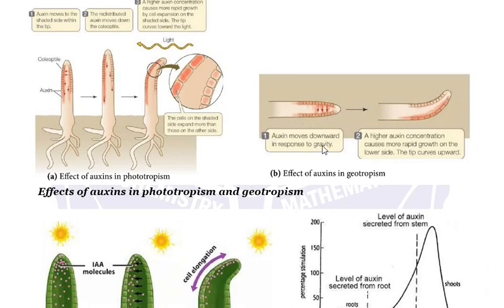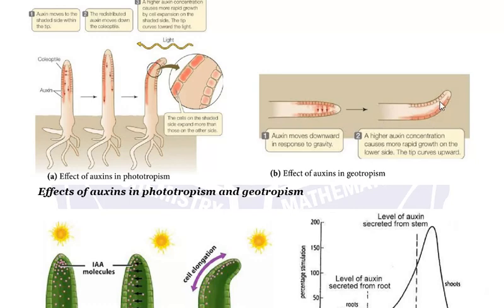So auxin moves downward in response to gravity, and not only gravity, it is also because most of the time the seed is buried, so it is not easy for the sun to reach the coleoptile tip. When auxin moves downward, the cells on the lower side will have a higher concentration of auxin as compared to the cells on the upper side.